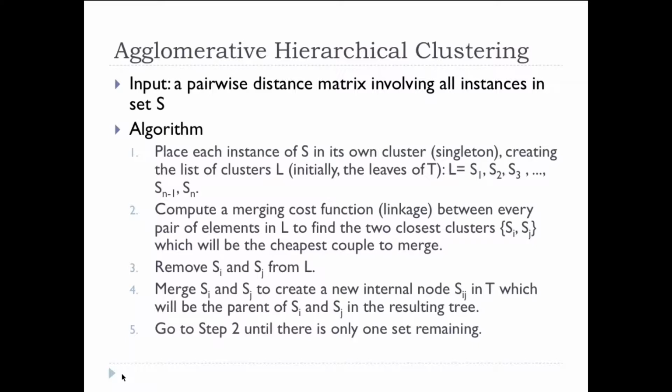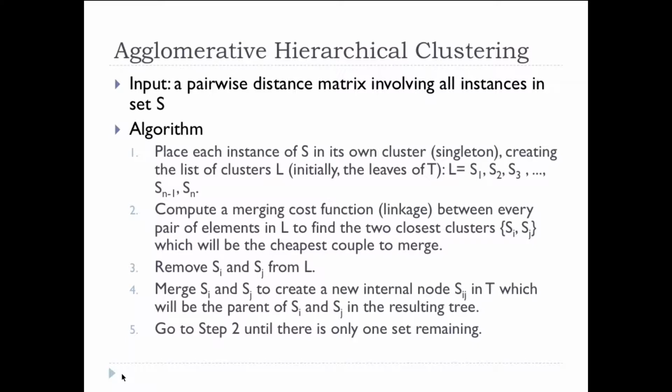Then we compute some merging cost function, which I'm going to call linkage, between every pair of elements in the list, and the goal at step 2 here is to merge the 2 closest clusters by whatever linkage method we're using into a single cluster. So the list of potential clusters that we need to merge gets reduced by 1.